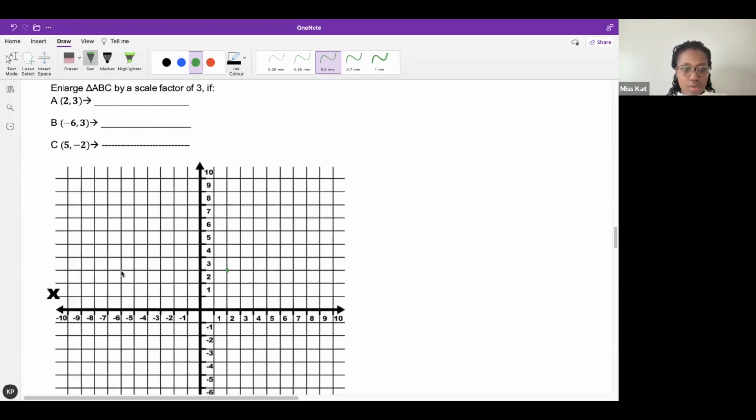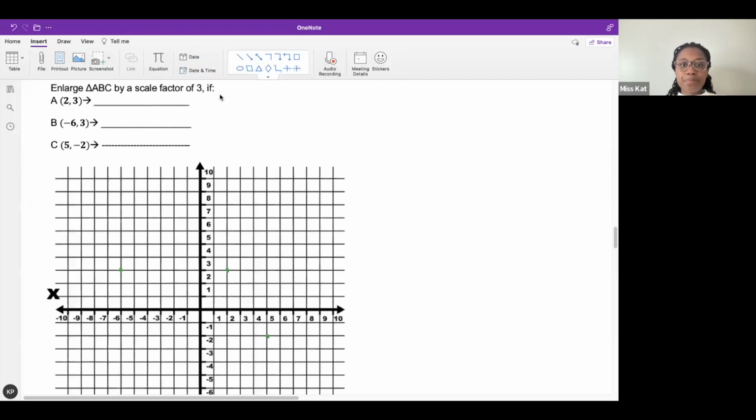So it's over there. And my last one is 5 and -2. Nope, that's 6 and -2. Hey guys, I can't see. 5 and -2. These lines are very confusing, but it's fine. There's my triangle. Let me draw it.